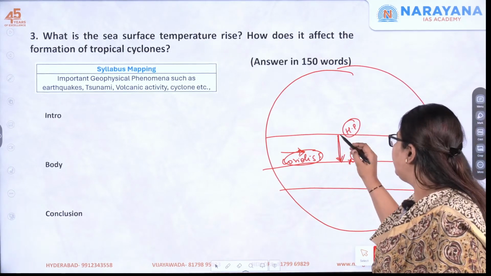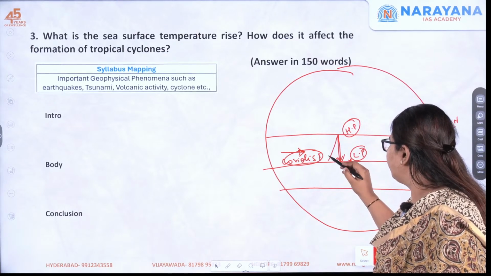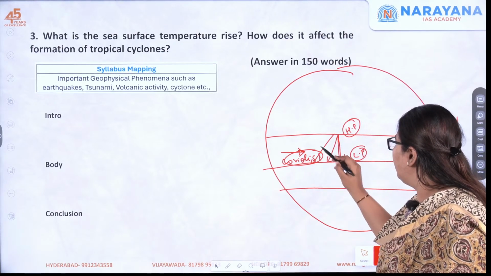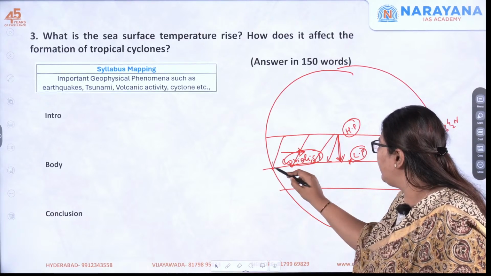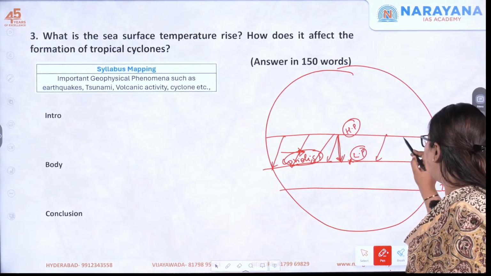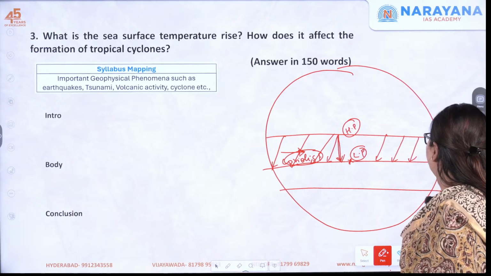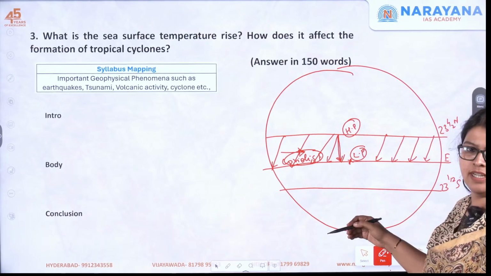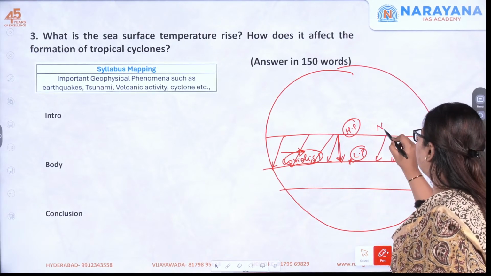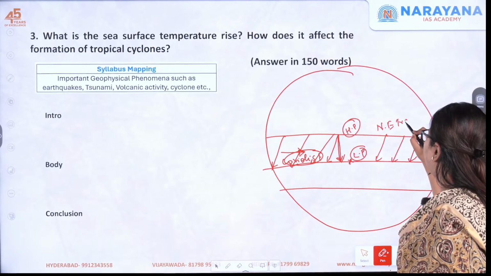So in this zone, the movement of the wind system is like this. Since it is in the northeastern direction, these winds are called the northeast trades.